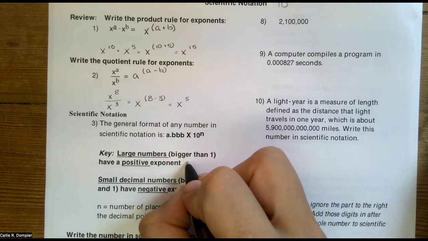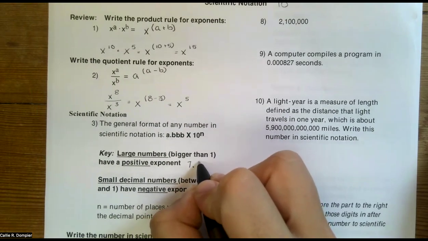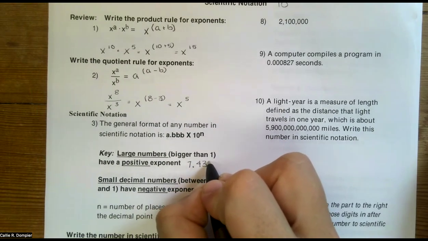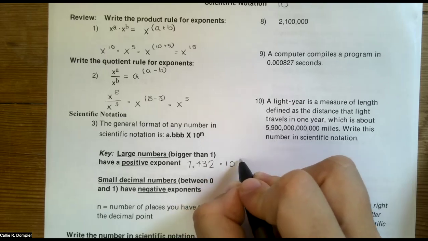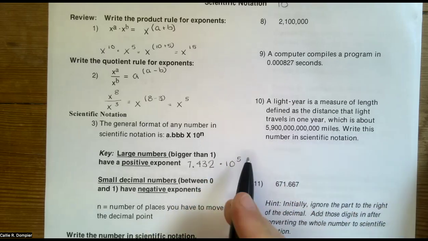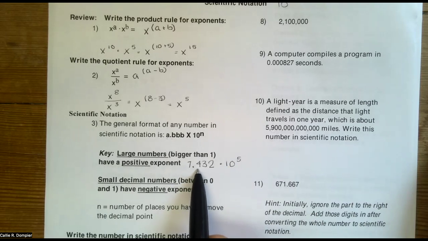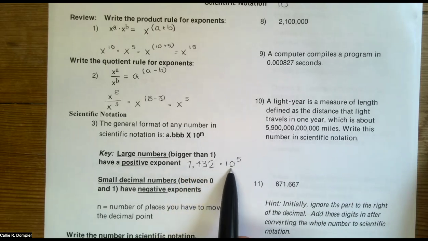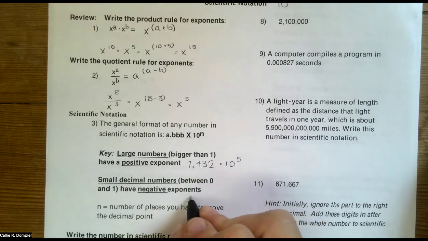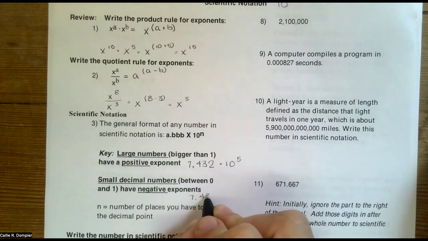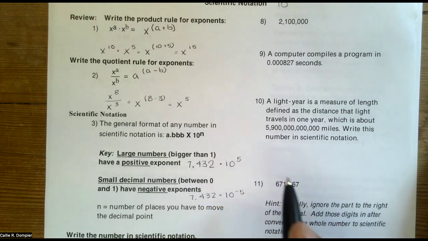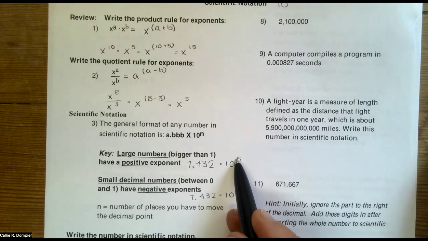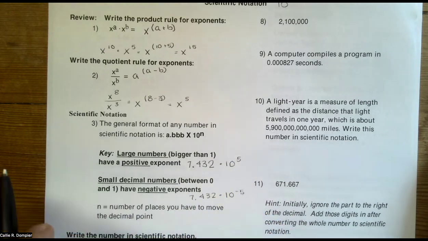So that would be 7.432 times 10 to the positive 5, right? That's a really big number because we're going to move backwards. A small decimal number, 7.432 times 10 to the negative 5. Okay, so the only difference here is that that's a positive exponent and that's a negative exponent.